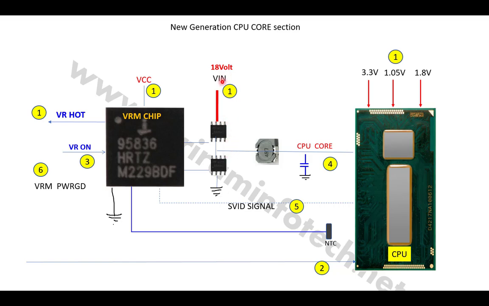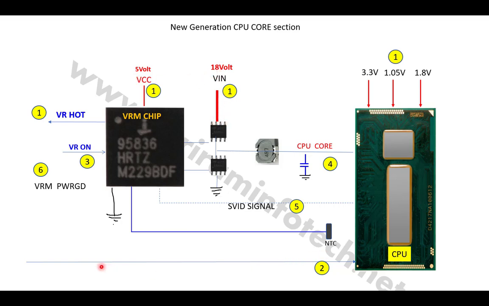So that is why the drain voltage is 18 or 19 volt. Okay, and this chip requires 5 volt at its VCC or VDD, but in newer generation VRM chips also require 3.3 volt, so you have to check. So this VDD or VCC is the supply voltage for this VRM chip, which requires 5 volt. Then this 18 volt is the drain.